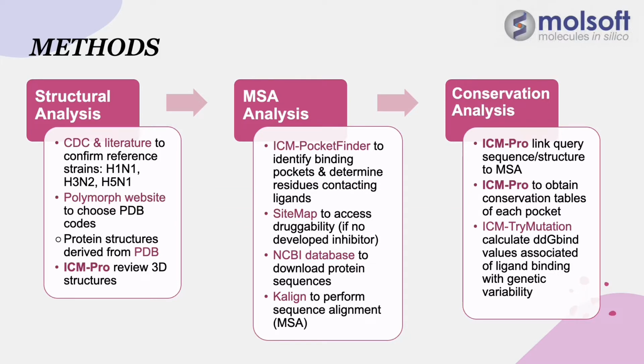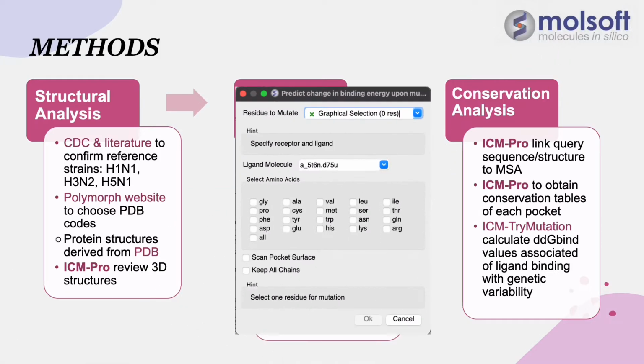Based on the results of the conservation table, the ICM trimutation function was conducted to calculate the change of the Gibbs free energy of inhibitor binding associated with the genetic variations of influenza A proteins, computationally predicting the effect of these mutations on binding of known ligands.